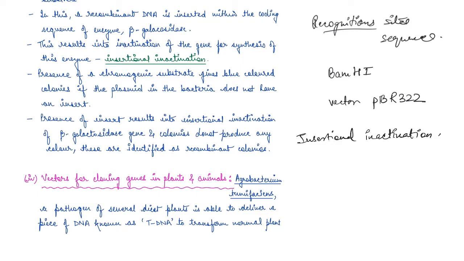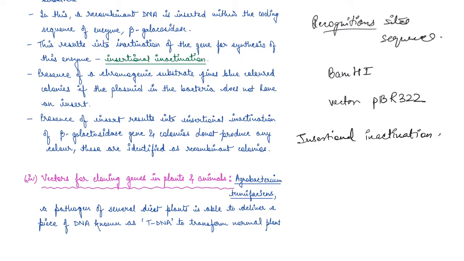Now let's see the next type of requirement, which is important if we want to facilitate cloning in a vector, right? The fourth one is the vector for cloning genes in plants and animals. Say we'll take an example of Agrobacterium tumefaciens, right?